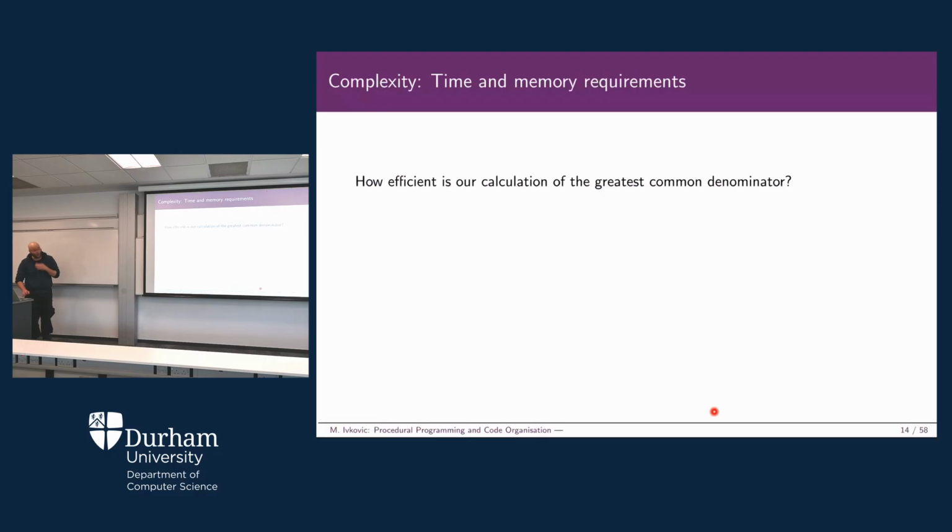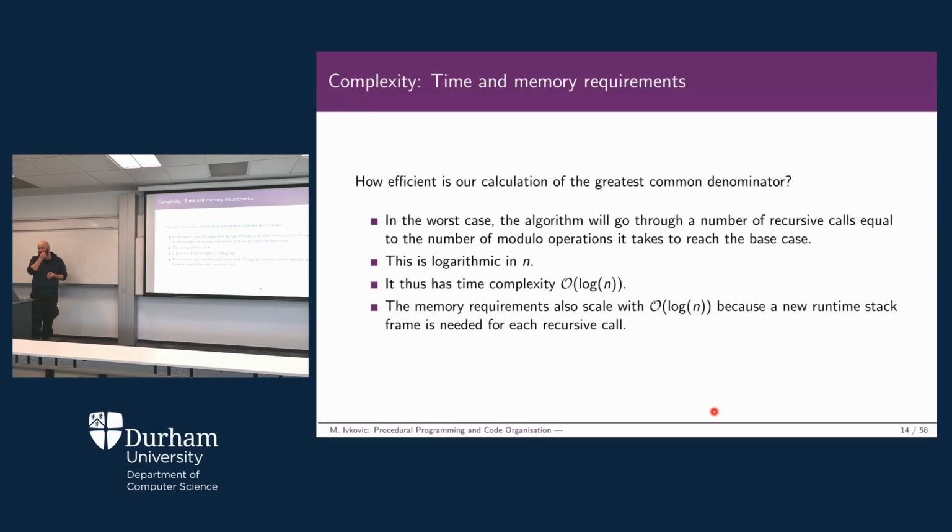Right. So at this point, we have to wonder, how efficient is our calculation of the greatest common divisor? Well, in the very worst case, the algorithm is going to go through a number of recursive calls equal to the number of modulo operations it takes to reach the base case. This turns out to be logarithmic in the number that you're trying to find the greatest common divisor of.